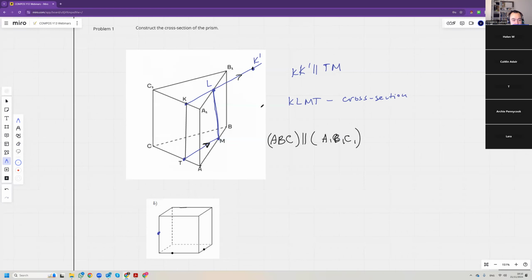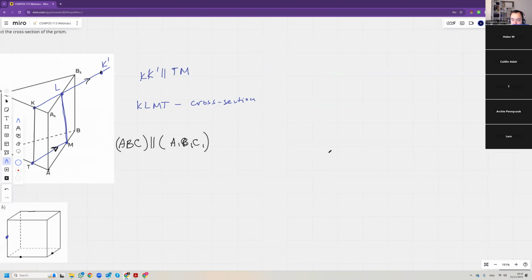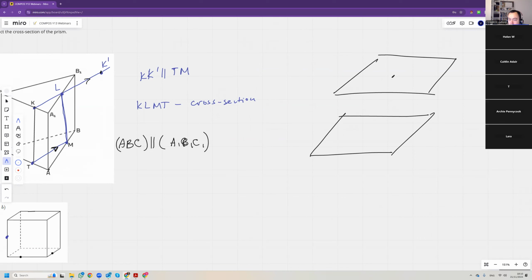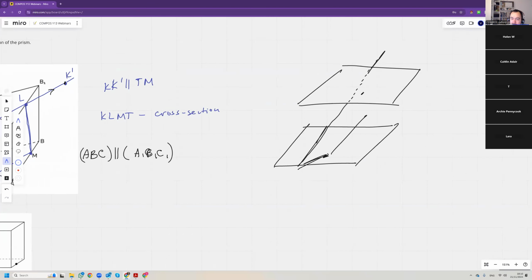if you have two parallel planes, and you have a third plane slicing two planes, then the intersection would be parallel lines.